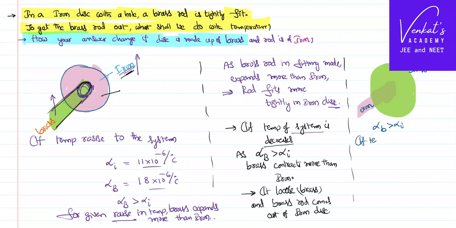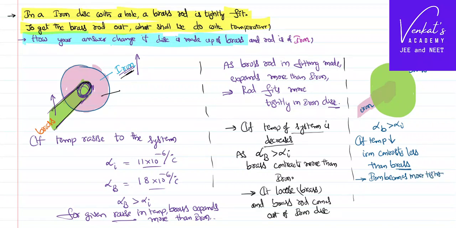What happens if the temperature is decreased is iron contracts less than brass. So brass contracts more, iron contracts less, thus it becomes more tight. The iron rod becomes more tight and you cannot get it out.